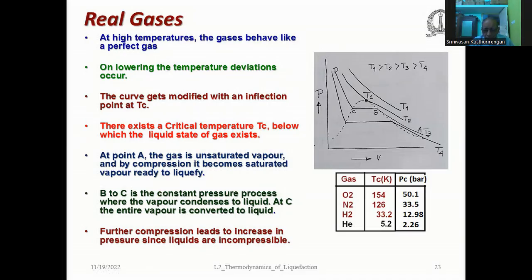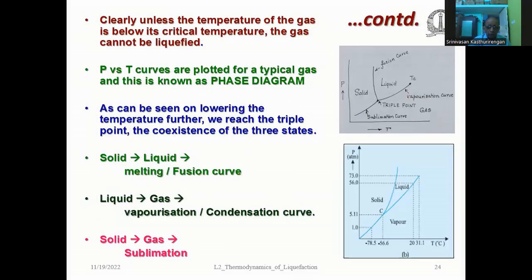Now, the critical temperatures of a few gases are given here. Oxygen is at 154 Kelvin at a 50.1 bar pressure. For nitrogen, it is 126 Kelvin at 33.5 bar. And for hydrogen, it is 33.2 Kelvin at a pressure of 12.98 bar. And helium, 5.2 Kelvin at a pressure of 2.26 bar.